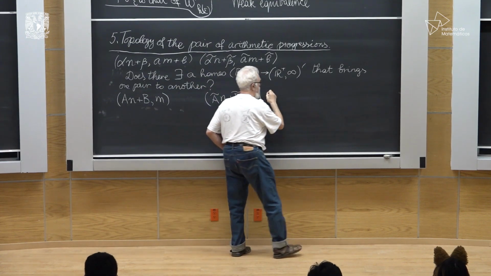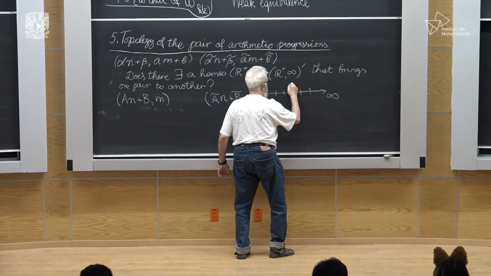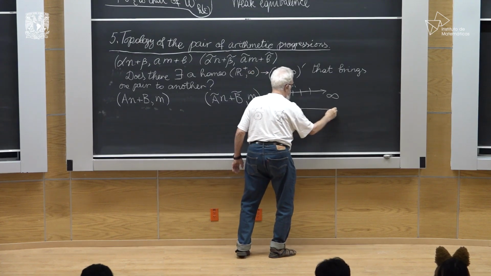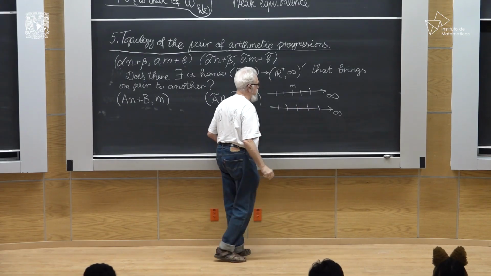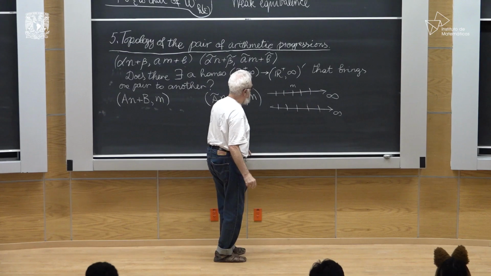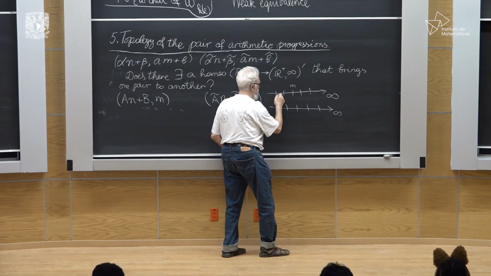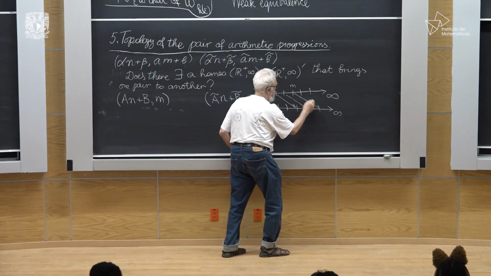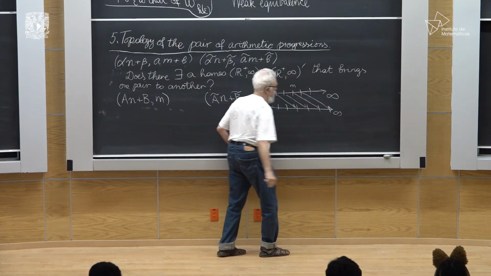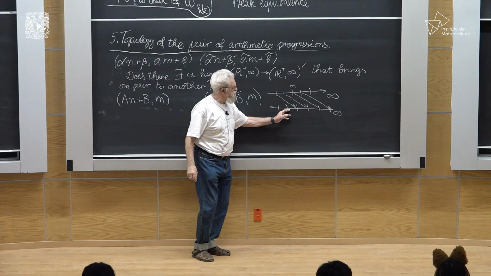And we have natural numbers here, natural numbers here, and we are looking for a homeomorphism that brings this sequence to this sequence. I did not yet plot the second sequence. Say it acts like this. The only thing to change that remains is a homeomorphism of this segment to this segment.